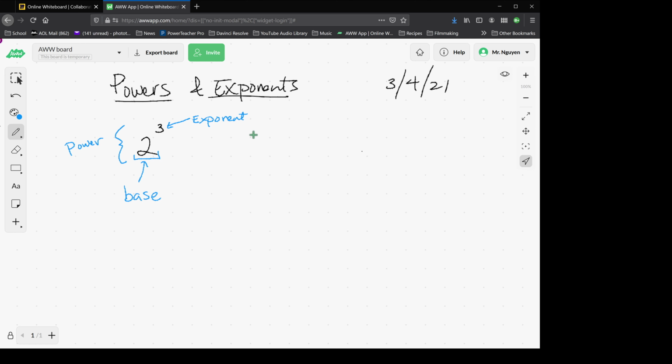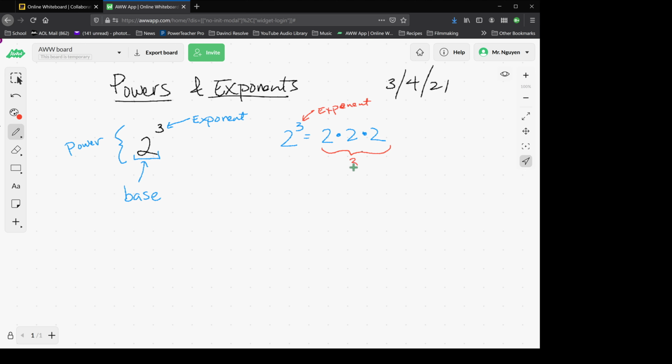Okay, so here's how this works. 2 to the third power really means 2 times 2 times 2, 3 times. Notice here that the number of times that you multiply is the same number as the exponent.